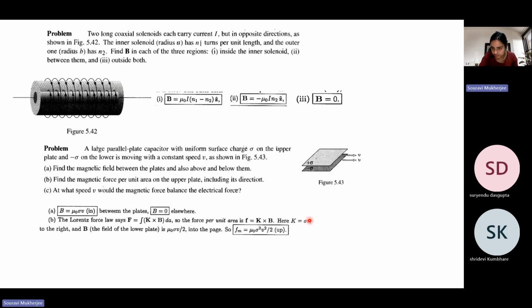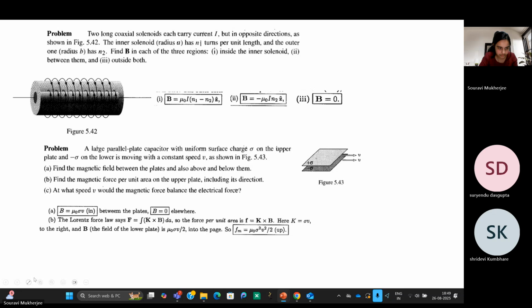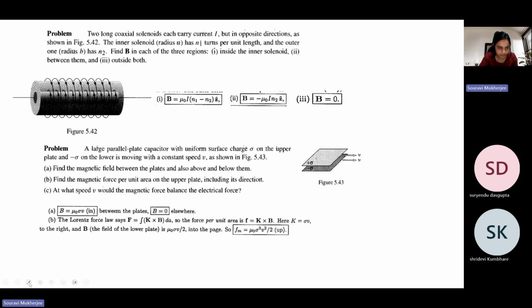K is sigma v, and that is towards the right, which is given by this direction. Why I'm doing this is that there can be many numericals where you have specified values and then you have to find the directions and all that. So that's why I'm looking at these examples.